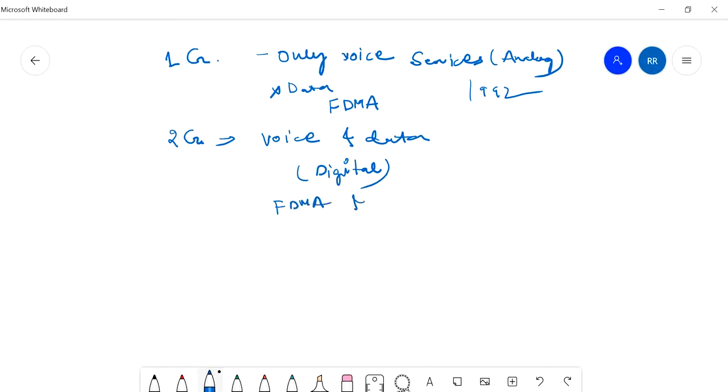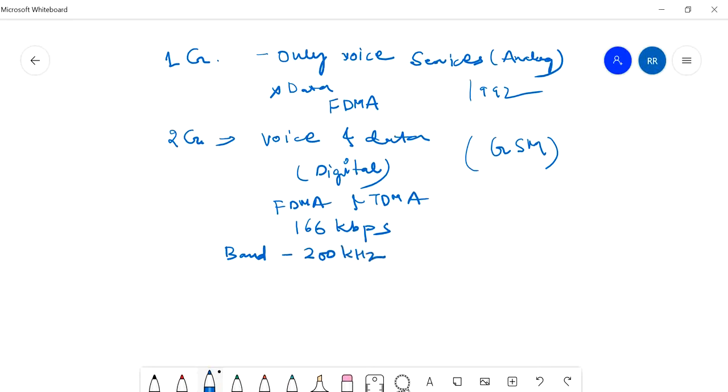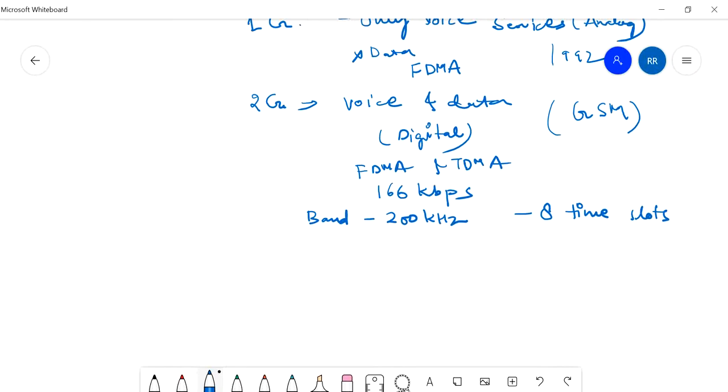We were using FDMA and TDMA, both technologies in 2G, and the data speed used to be around 166 kbps. Okay, we call it GSM also, and the bandwidth used to be 200 kilohertz, right? And 8 time slots. I am not going into details of all these because you must be knowing all these things, and I'm refreshing it, right?